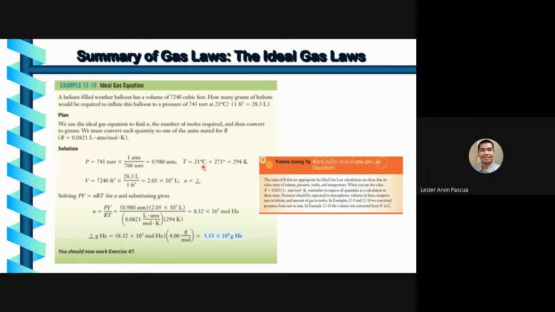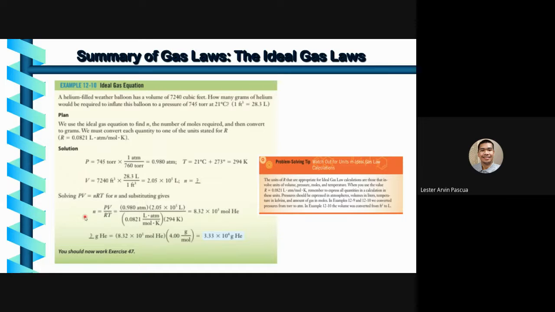Yung temperature mo, convert mo siya to Kelvin using the formula. And finally, your volume, your weather balloon nasa volume of 7,240 cubic feet, binigay na yung conversion factor, you can just convert it muna to liters. Okay? So, ang question ay tinatanong, ano yung number of moles, your n.